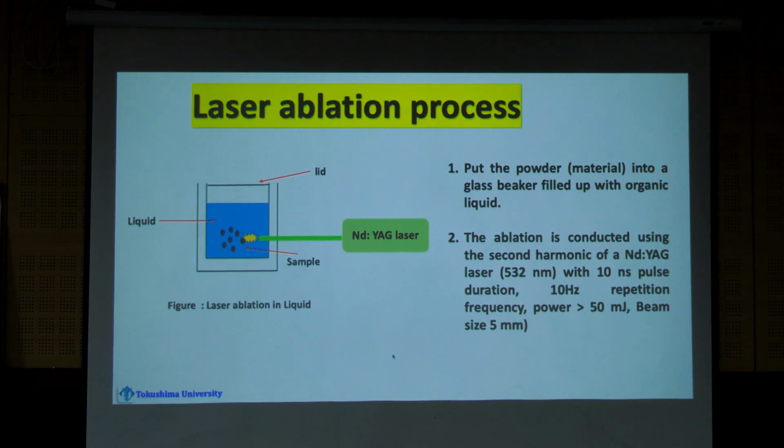Of course, you use a magnetic stirrer so that the powder disperses uniformly. After certain time you can get the nanostructure, maybe 5 minutes, 10 minutes, 15, or even 20 minutes or 2 hours. We are using a 532 nanometer wavelength, green. This is the kind of laser we use.